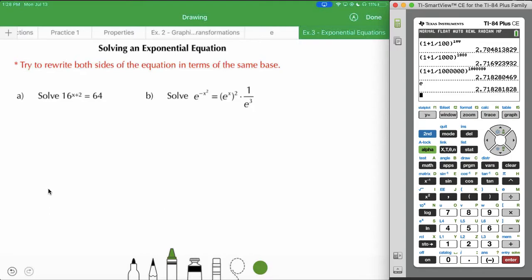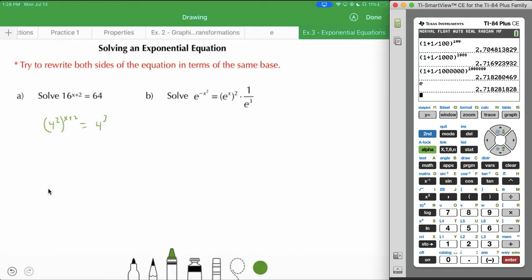So in my first example on the left-hand side here, I have 16 raised to the power of x plus 2 equaling 64. I can write 16 and 64 both in terms of the same base, that being 4. Right? 16 is 4 squared, and then 64 is 4 cubed.